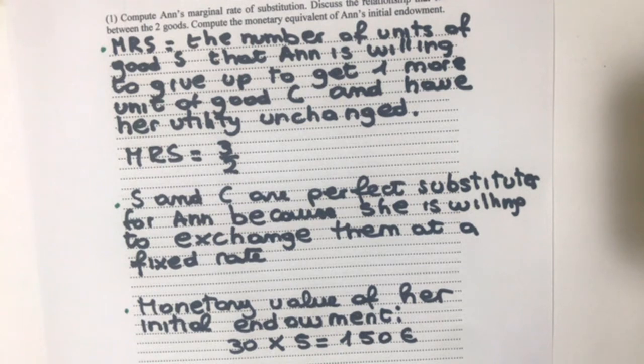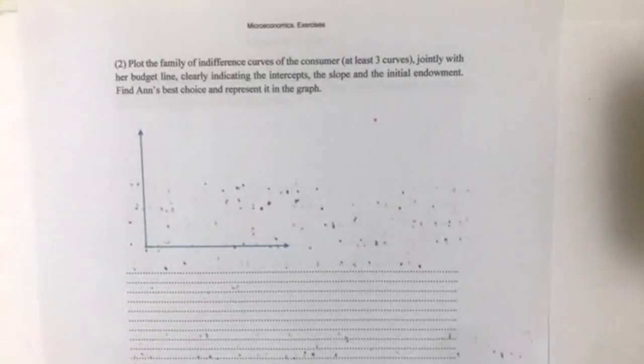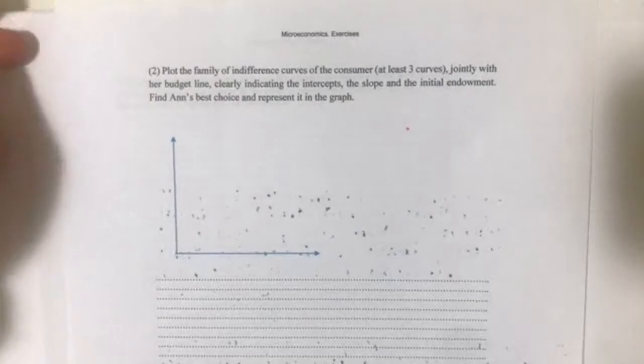Okay, so at this point, we are ready to move to point 2 of the exercise. Okay, and that's point 2. So let's see what we have to do now.